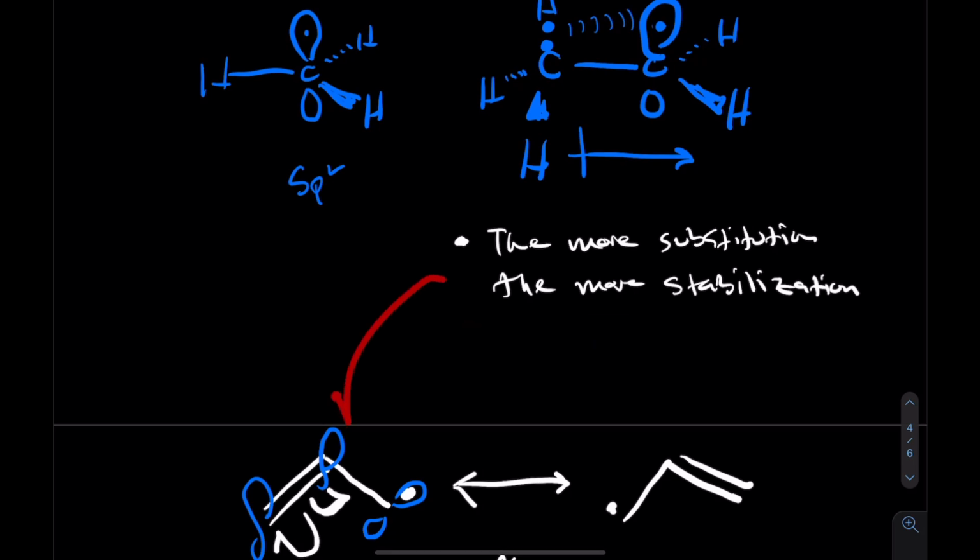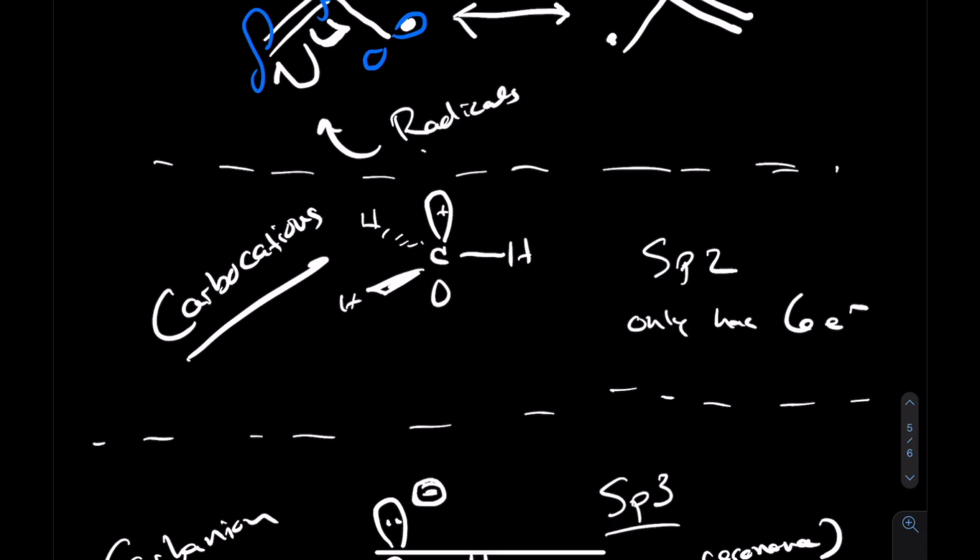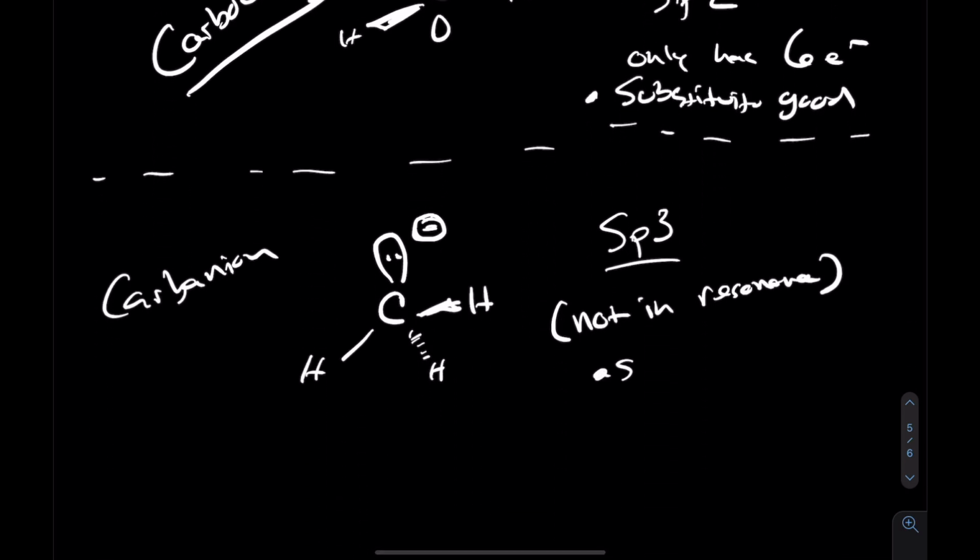And that is true for both radicals and carbocations. So I even write up here, substitution good for carbocations. Down here, substitution bad. So you don't want substitution. The more substitution, the more unstable your carbanion, okay?